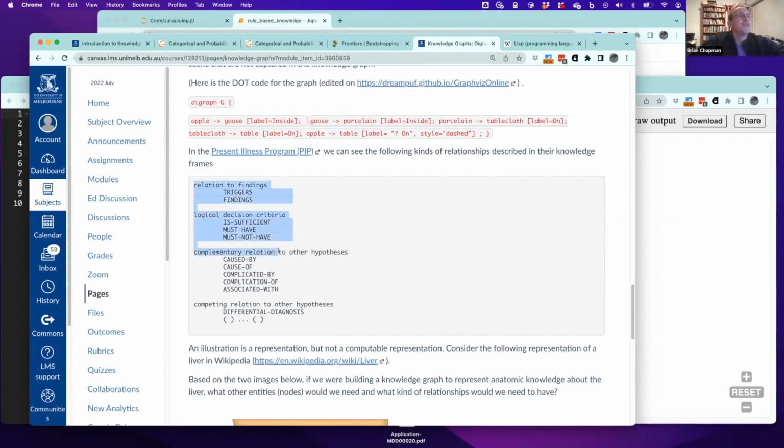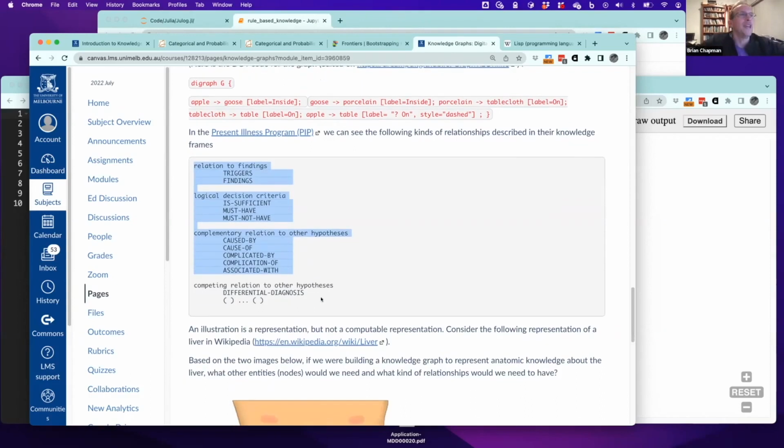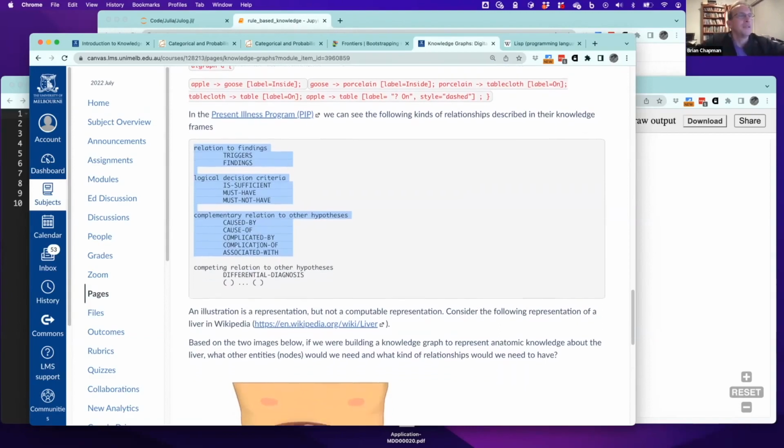So these are the kind of relationships in a diagnosis-oriented knowledge representation that we would then, if we translated these knowledge frames to knowledge graphs, have as labels on the edges.